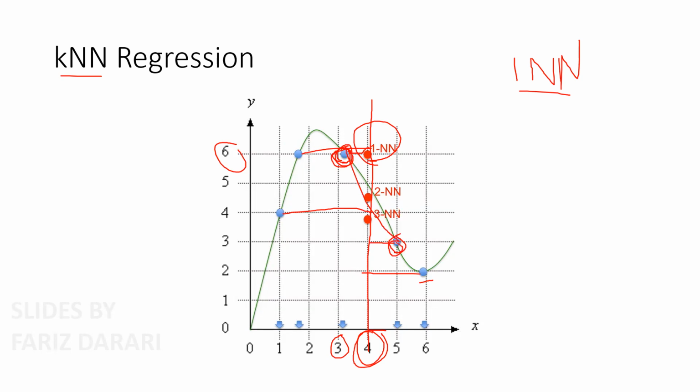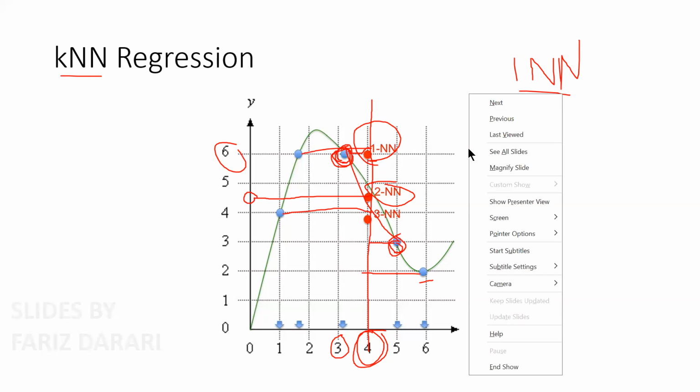The average is around 4.5. So if you do the two nearest neighbors, when the input is 4, the output will be 4.5.